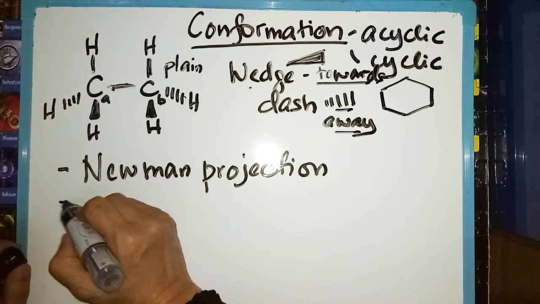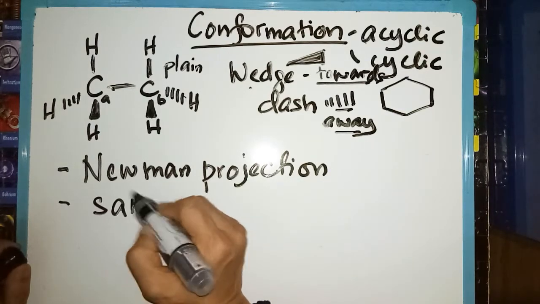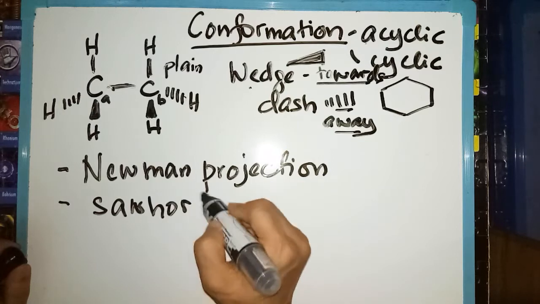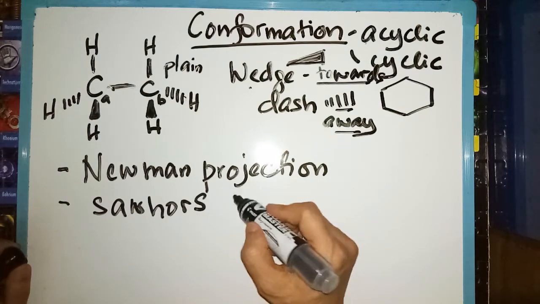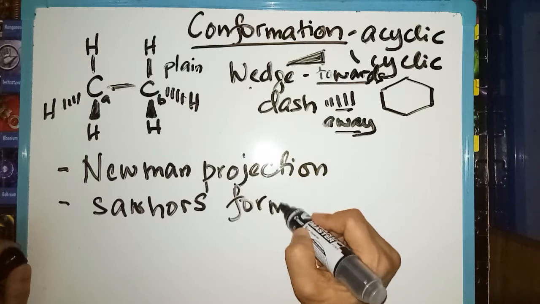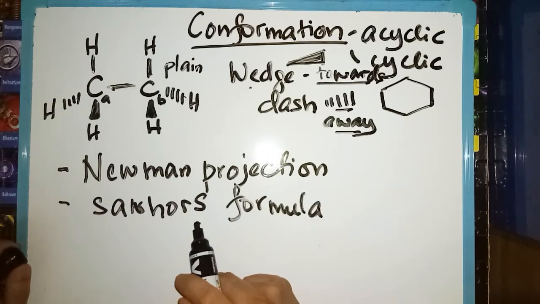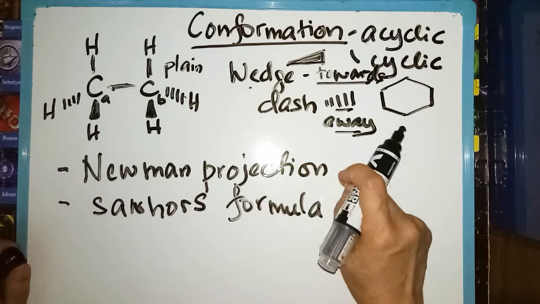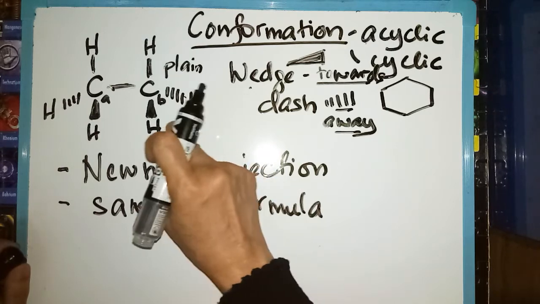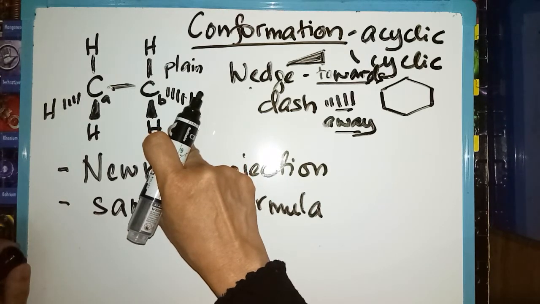Another one is called Sawhorse. Okay, so this is called Sawhorse formula. Now the famous one that is asked most of the time is based on the Newman projection. So this is what we call conformation form.